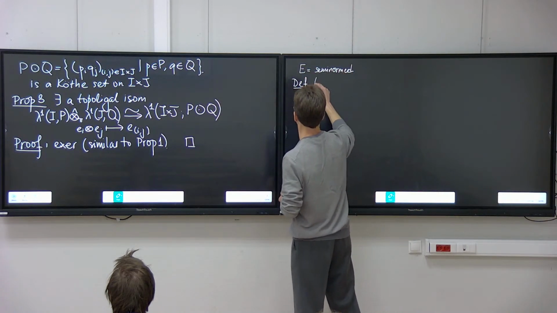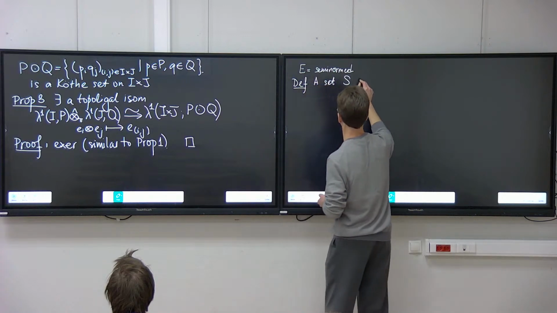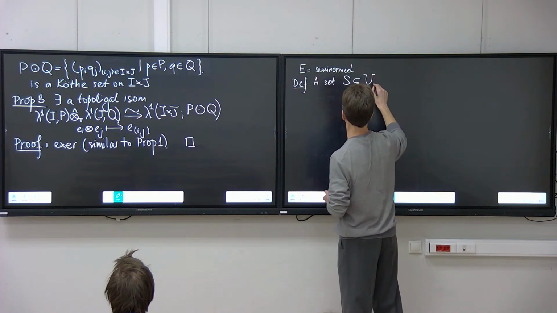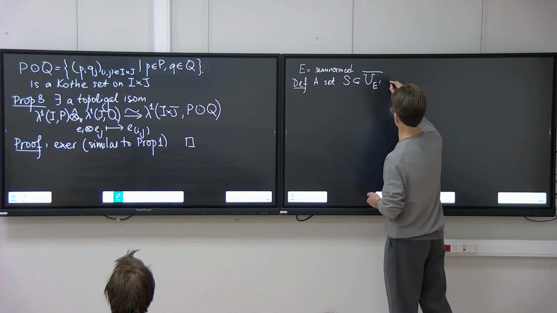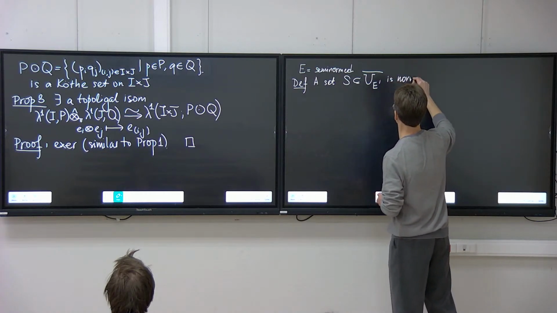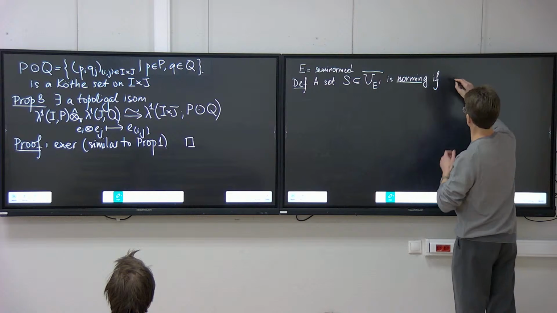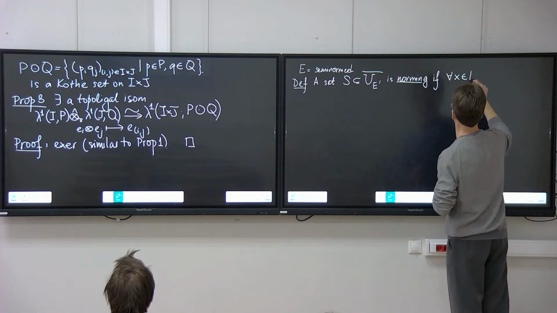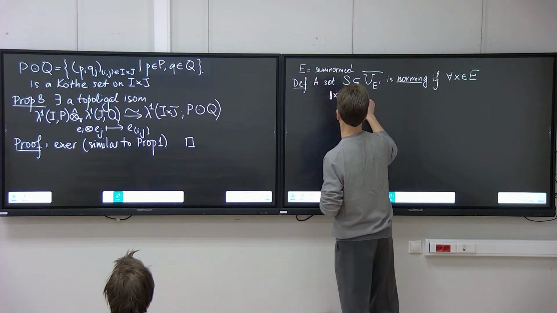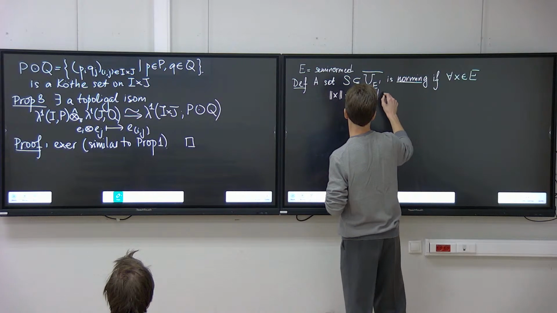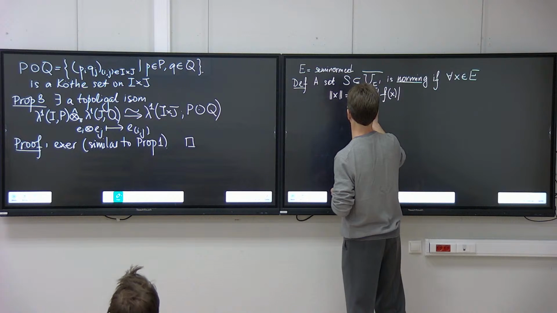We say that a set S, which is contained in the closed unit ball of the dual space E prime, is norming if for every x in E, the norm, or more exactly, the semi-norm of x is equal to the following number, the supremum of f of x, where f runs over S.